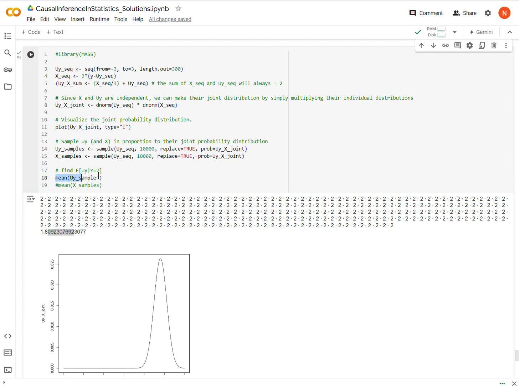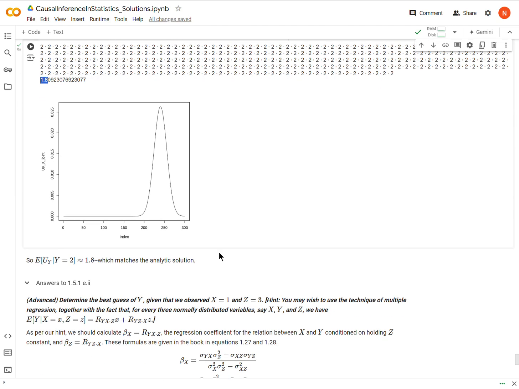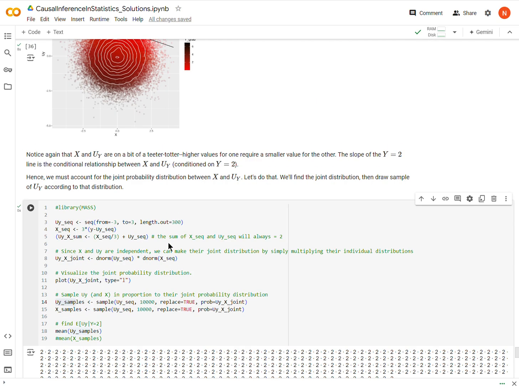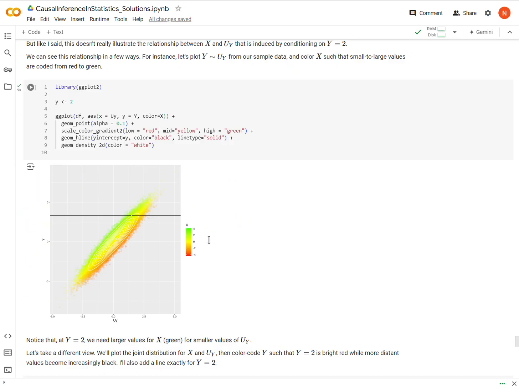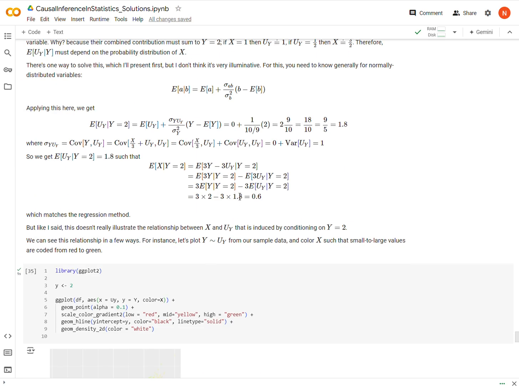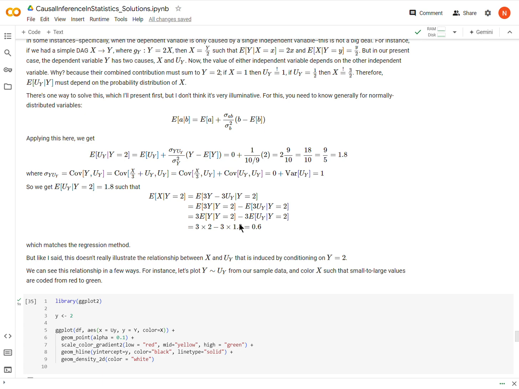And then I want to find the mean of my u of y samples, which is the values of u of y when y equals 2, and it's 1.80. So this one might round to 1.81. Again, that's because of the sampling bias. But this value is the same as what we got for our analytic solution.